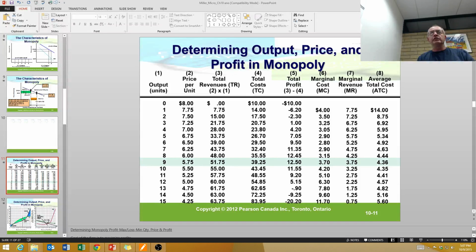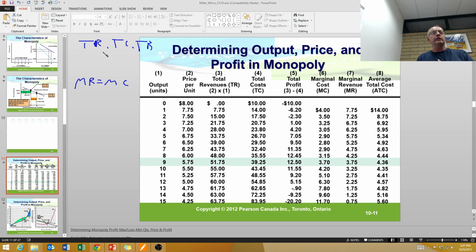And just as with perfect competition, we found that the profit optimizing quantity can be found both through the total approach, so total revenue, total cost, and total profits, and also through the marginal revenue and marginal cost. We have these two approaches. So we can use these same two approaches to find the profit maximizing quantity of output for the monopolist.